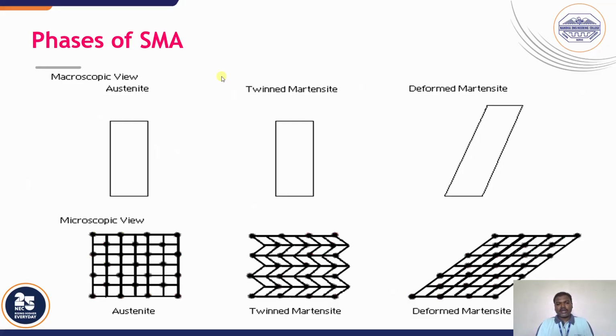First of all, the first image shows a macroscopic view. Then whenever you apply heating and cooling, the SMA material changes over to twinned martensite and deformed martensite structure. So in this cycle, when you continuously apply heat and cooling, this process takes place.